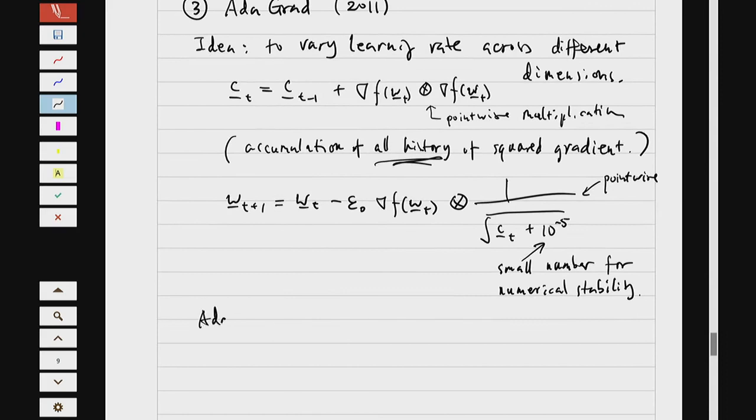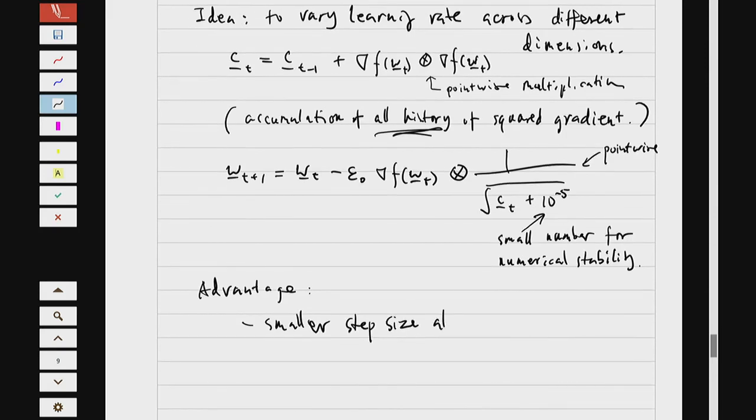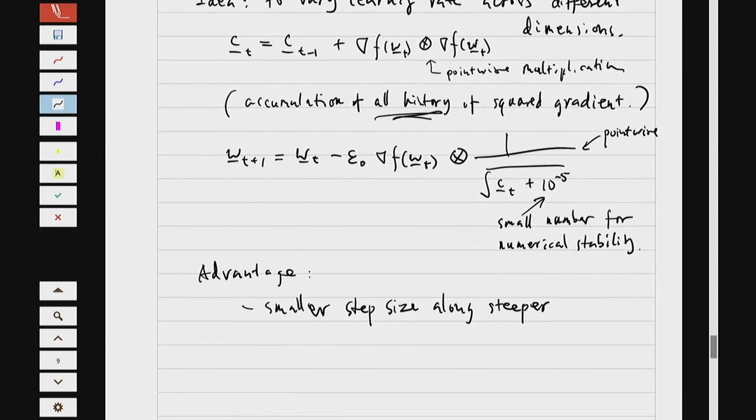Of course, the advantage, again, as I said, is a smaller step size along steeper directions, which seems to make sense as a good practice.